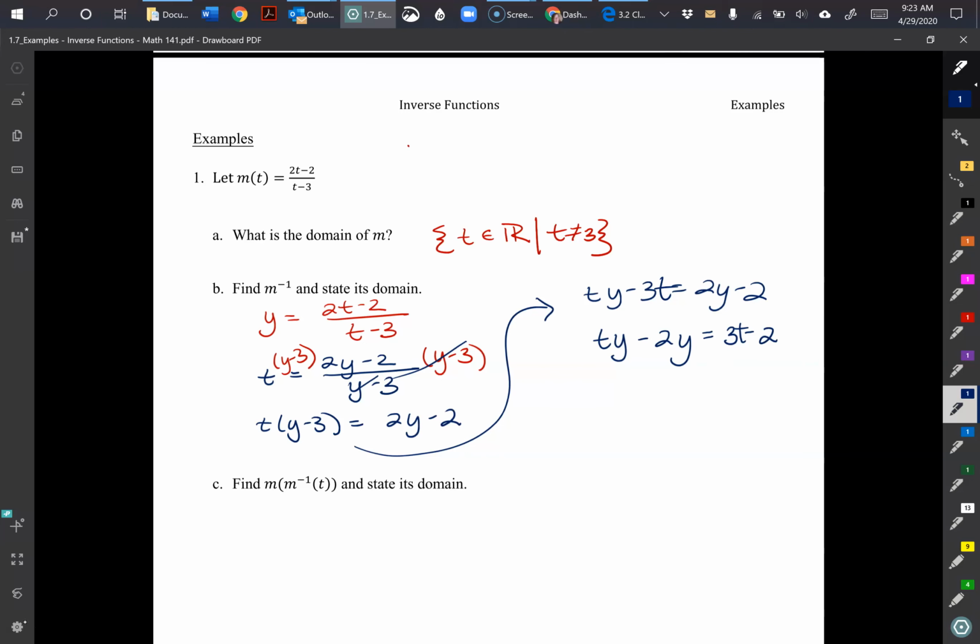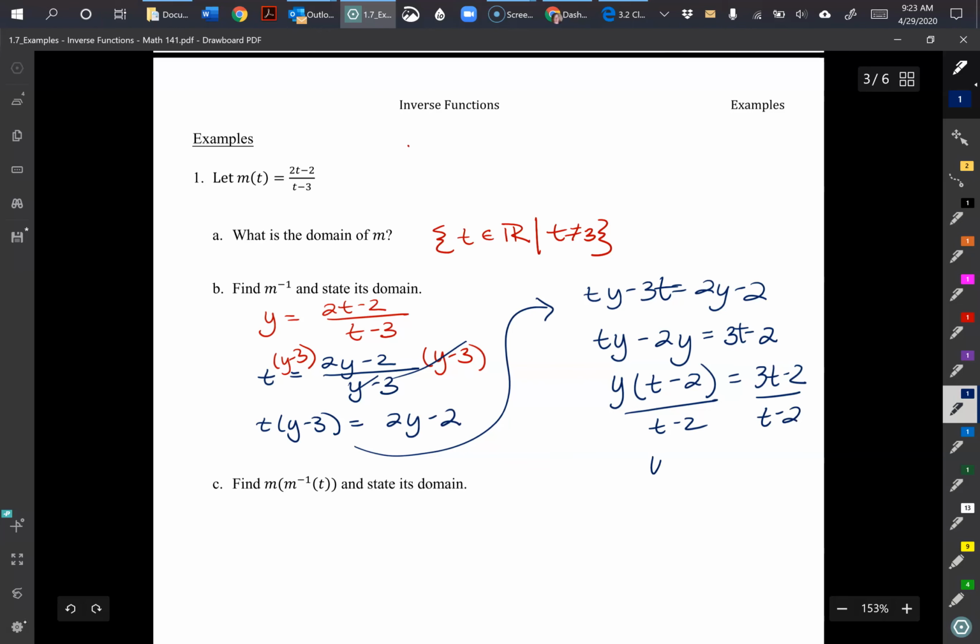Then I need to factor out the y, because remember I need to get it by itself. So I have y times (t minus 2) equals 3t minus 2. And then I'm going to divide both sides by t minus 2 to get the y by itself.